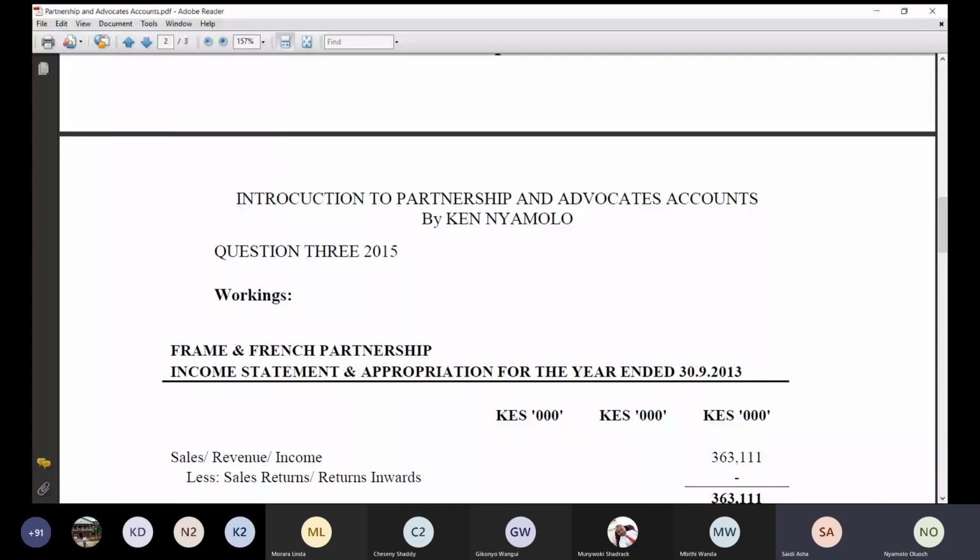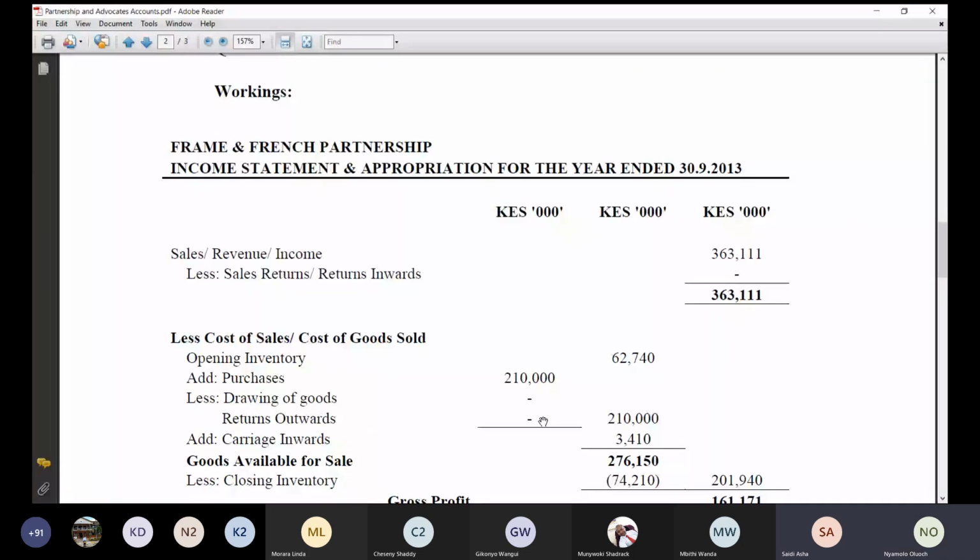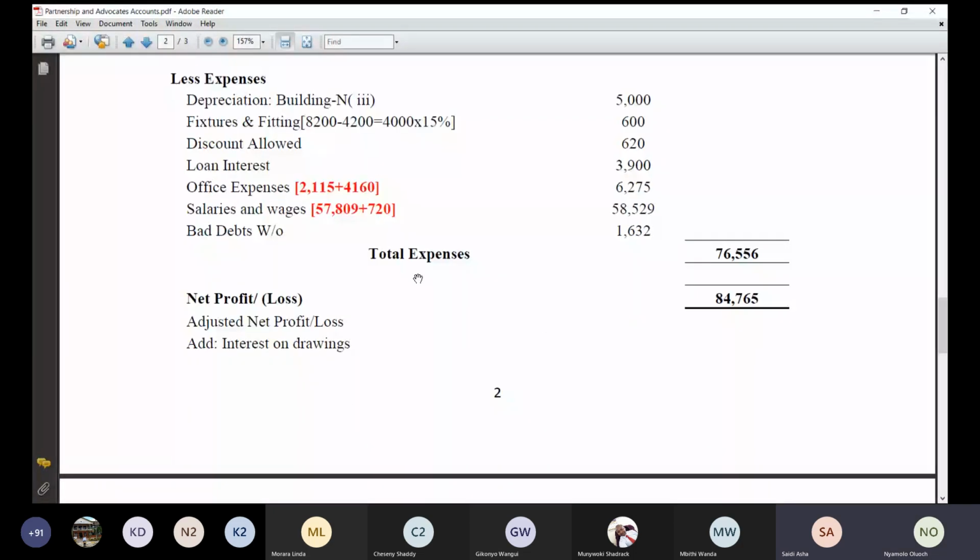That is 4,160,000. Whatever is accrued, you are given in full, 2,115,000. So if you have to work them, then you must decide whether you're going to work with the full figures or truncation. For my case, I would make a choice to adjust it as that.